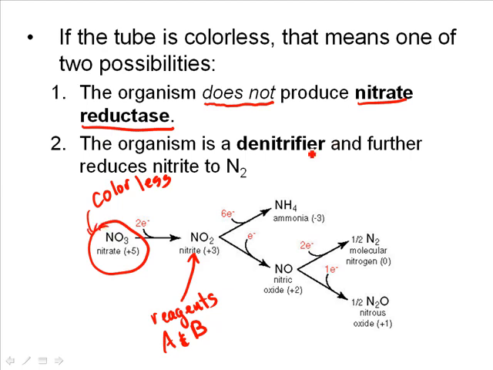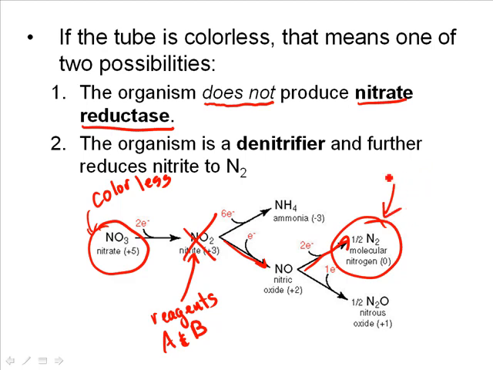However, we have to remember that we have this process called denitrification. So what if our organism is a denitrifier? What if it took that nitrite and further reduced it ultimately to molecular nitrogen? When I add reagents A and B, there is not going to be any nitrite present because that nitrite has been further reduced to N2.